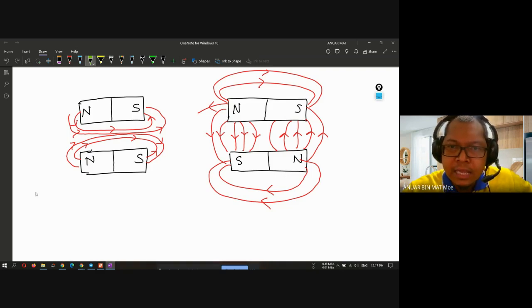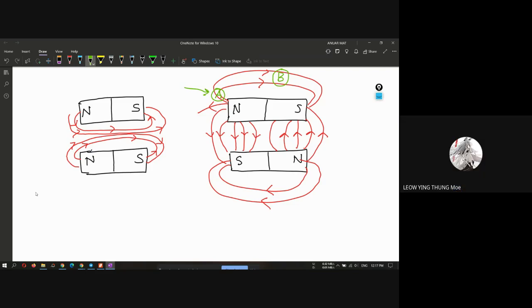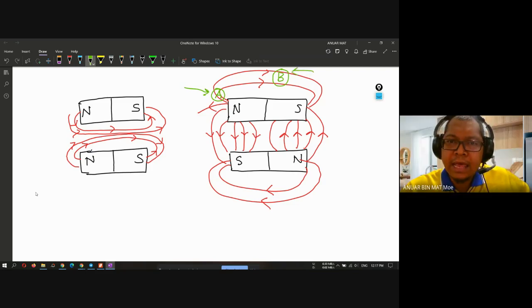For example, if I use the pen over here, which one is the highest magnetic force, A or B? A. Good. A has the highest or strongest magnetic field. B has the lowest or weakest magnetic field because of the distance between the two magnetic lines.